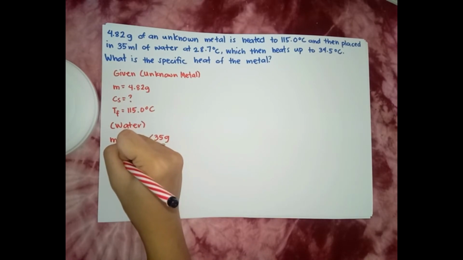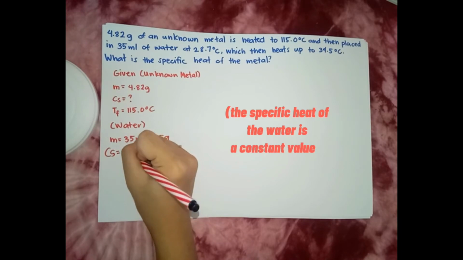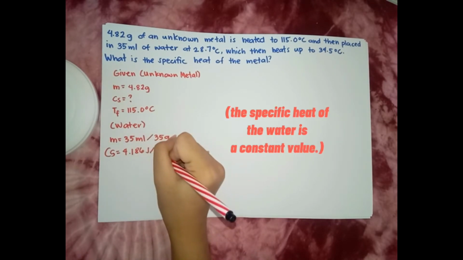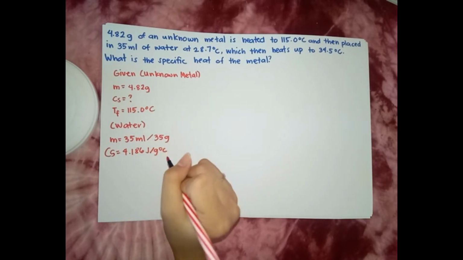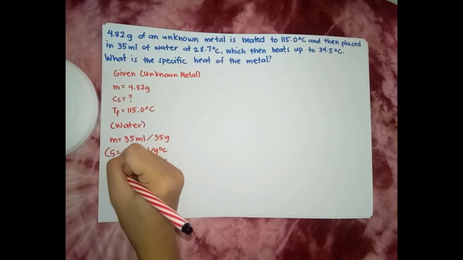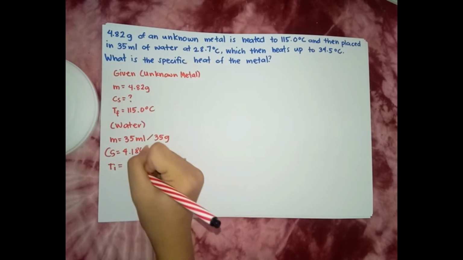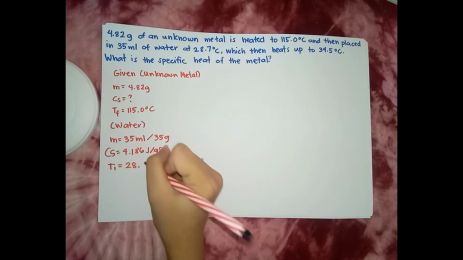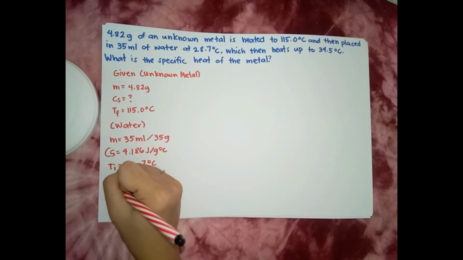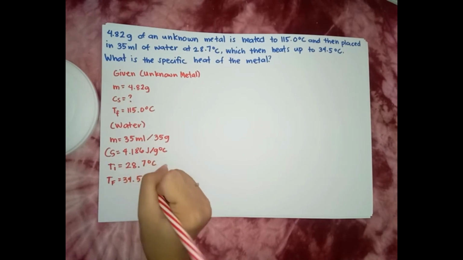Specific heat, which is 4.186 joules per gram per Celsius. And we have here the initial temperature, which is 28.7 degrees Celsius, and the final temperature, which is 34.5 degrees Celsius.